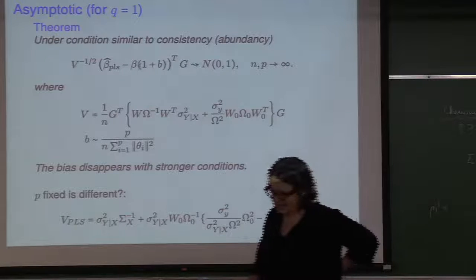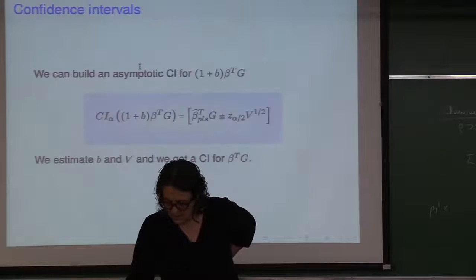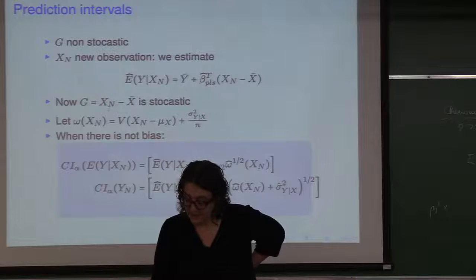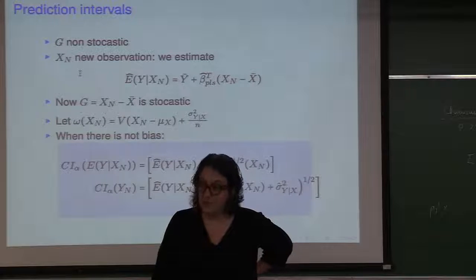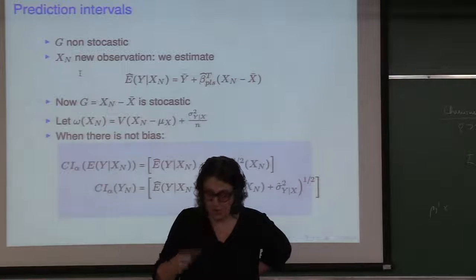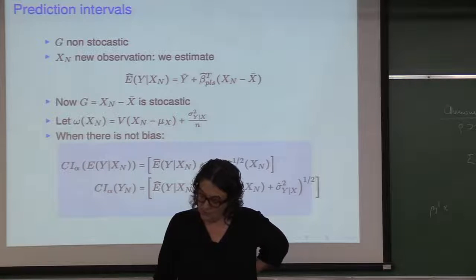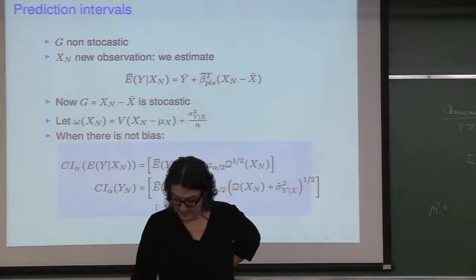Once we did that, this is the proof of all of this, we could build a confidence interval. It was a little more complicated to get a confidence interval for the prediction, because in the prediction you have new things like X bar, and you have to do something more, but you can get it.